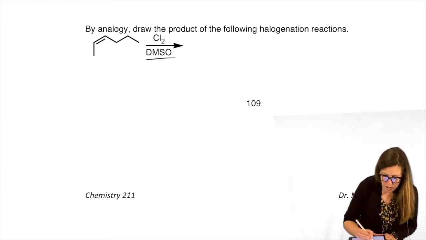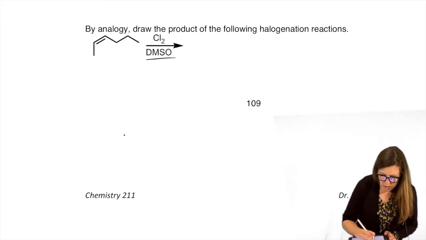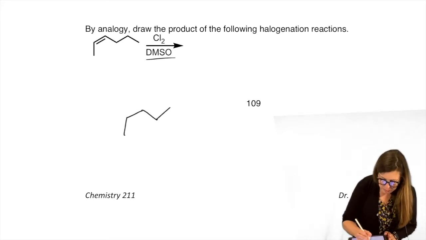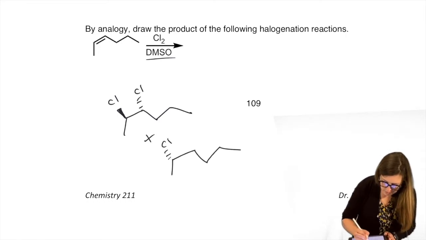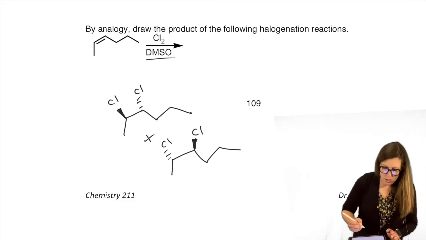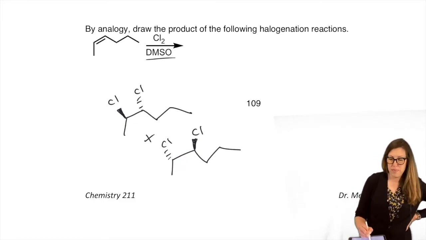So the key step would be to have that chloronium ion intermediate. So if we keep the framework the same, we'd have the anti options. Both anti options, right? These should be your initial products that you're thinking about.